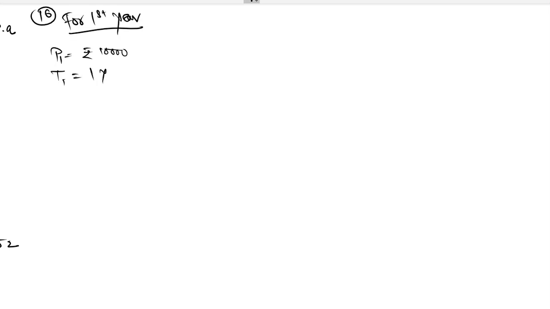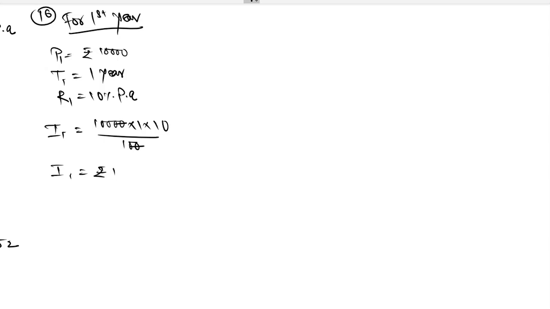Time 1 year and rate is 10% per annum. P1 T1 R1. We have to find I1. 10,000 into 1 into 10 upon 100. So I1 is rupees 1,000.